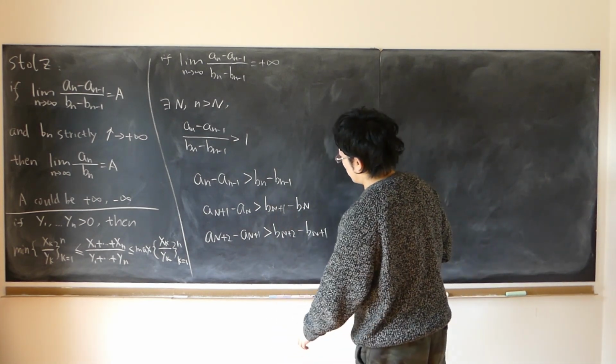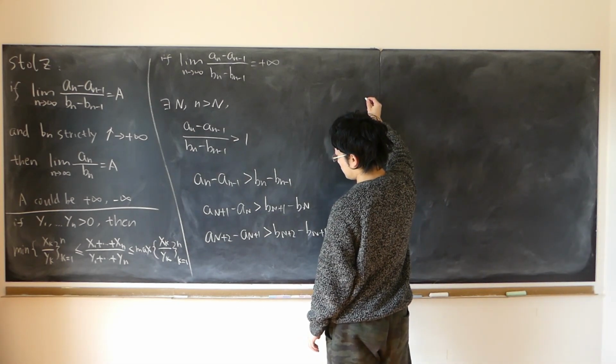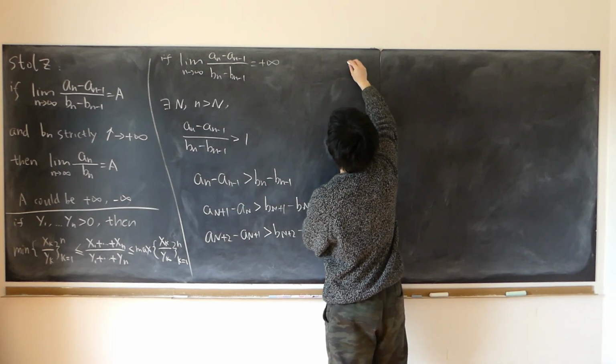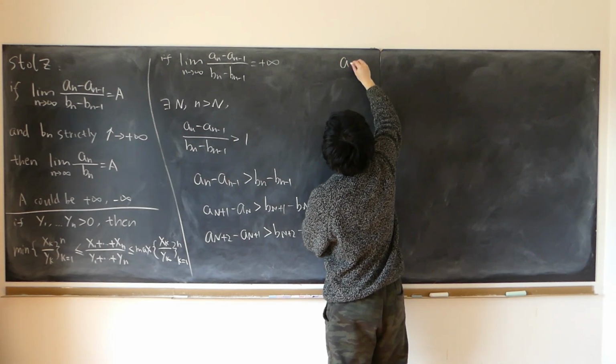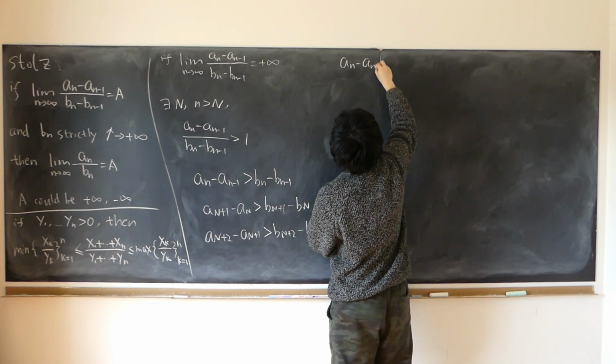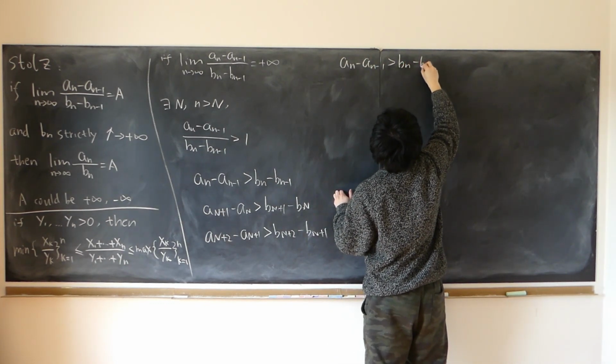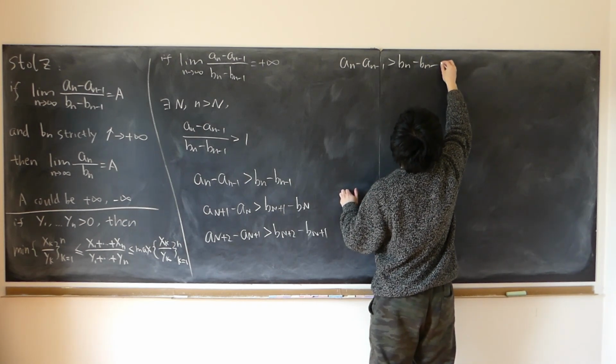So on and so forth, until we reach some fixed little n where an minus an minus 1 is bigger than bn minus bn minus 1.